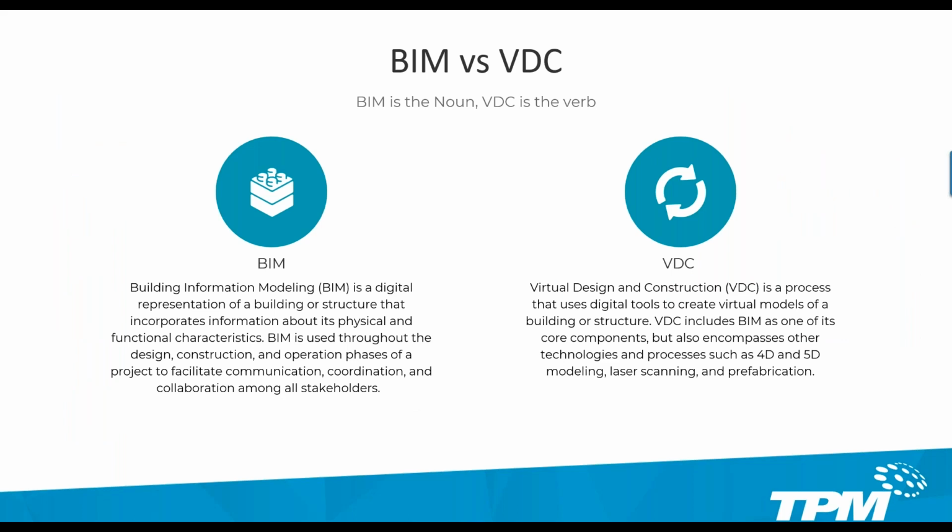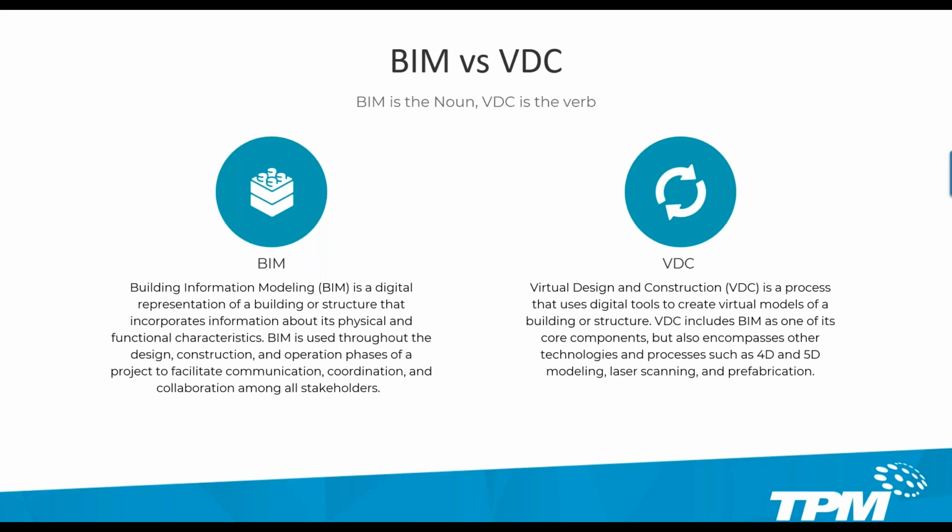So really, when we're looking at BIM and VDC, BIM is building information modeling. It's kind of the noun, as I would refer to it, and VDC is kind of the verb. VDC is virtual design and construction, and they vary a little bit, as BIM is really just a digital representation of a building or structure.